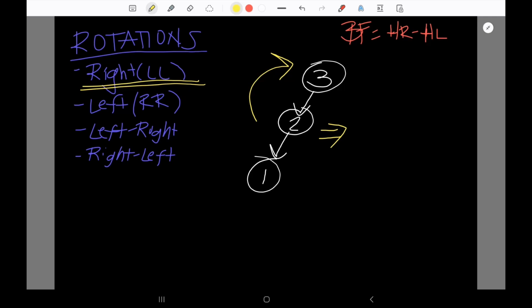2 now is the root, right? And what goes to the left and right? As you remember, on a binary tree, the left side of a tree is the lesser value of the root. So 1 goes here, and otherwise on the right side.